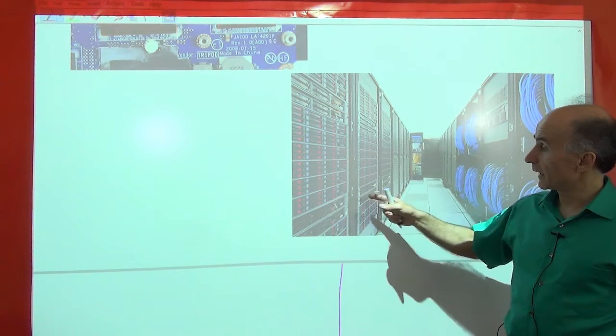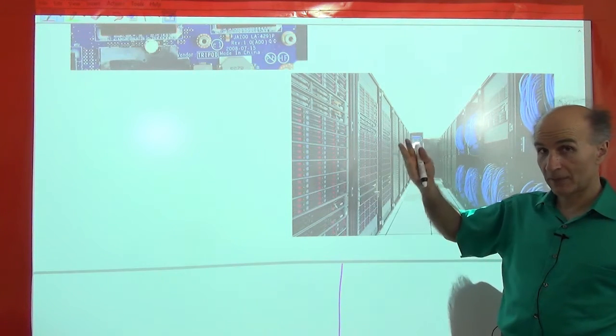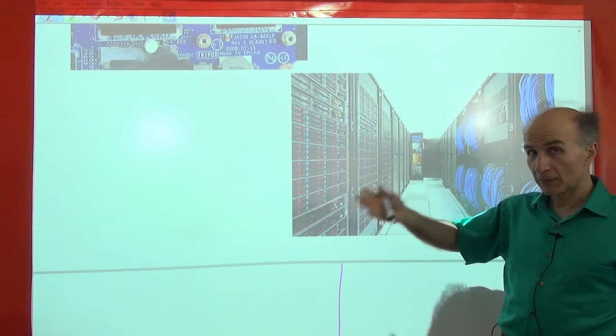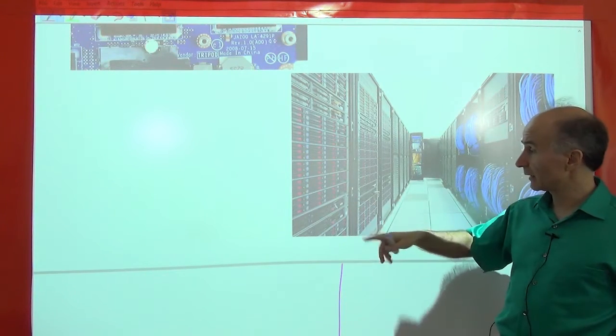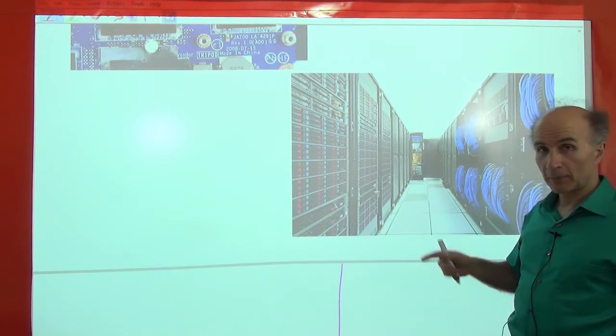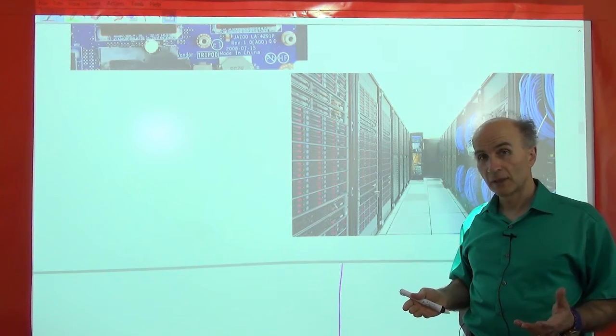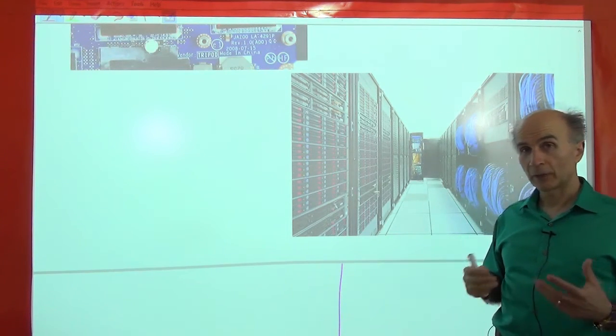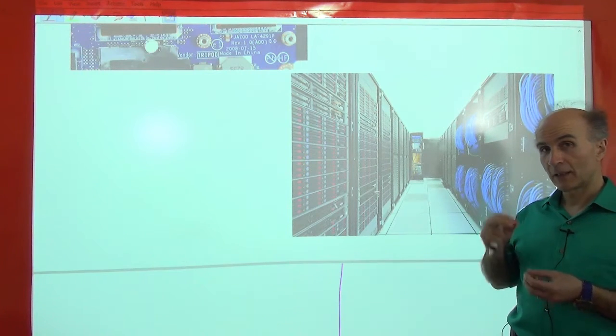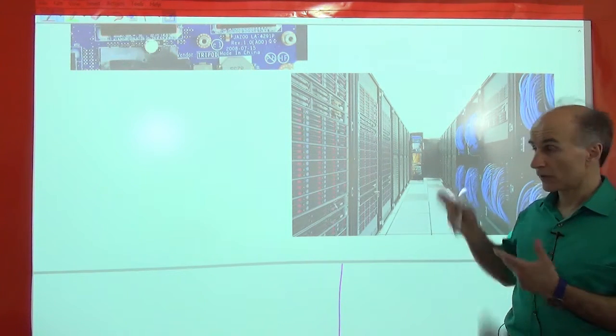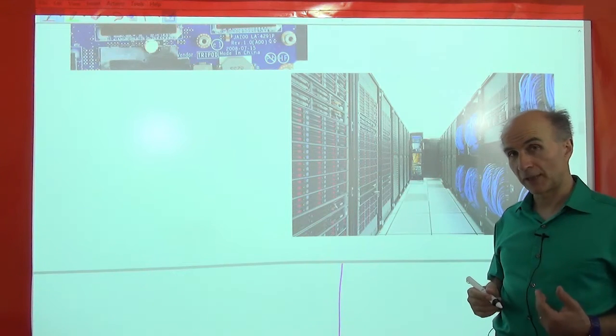So we need to be able to transport data at these speeds, 50 gigabits per second, 100 gigabits per second from here to here. And if you pass it through a cable, that cable has many imperfections. So that becomes a challenge. How do I transmit such a high data rate from here to here? So these are all interesting problems that we face today.